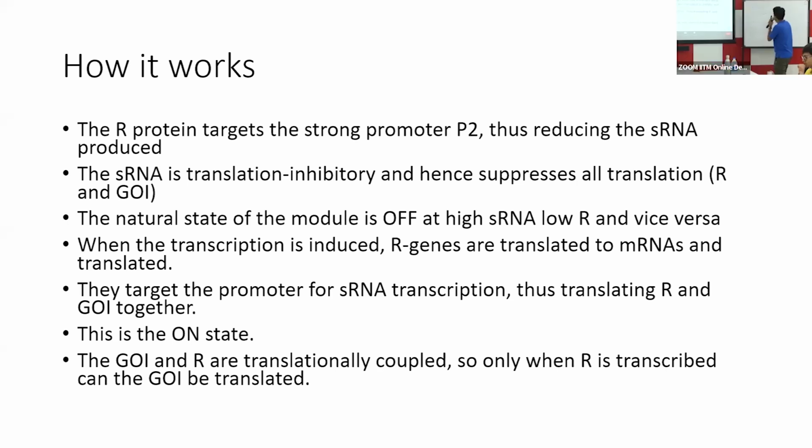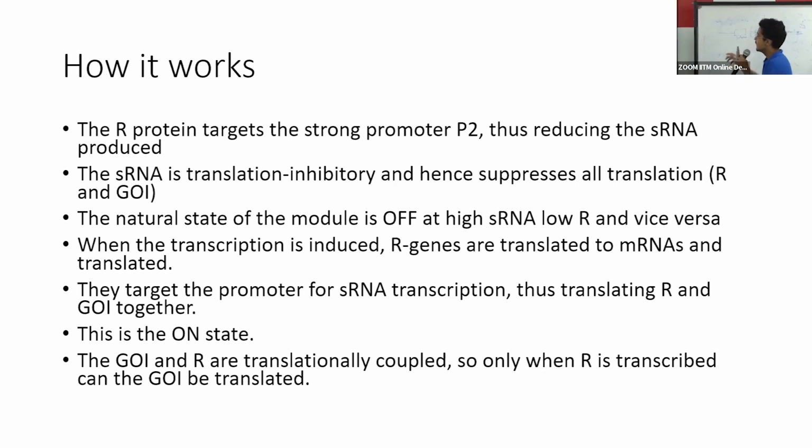An interesting thing to note here is that when the repressor is being produced, it targets the production of the sRNA altogether. So the repressor represses the sRNA production, and the sRNA in turn can repress the production of the repressor and the gene of interest.